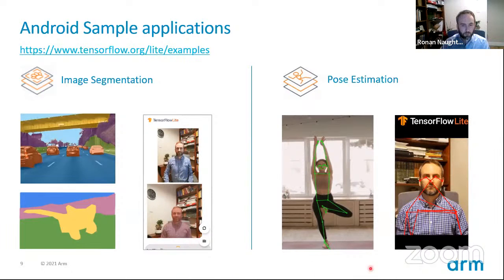And you see similarly in pose estimation, it's identifying some of my key joints here. You can only see the top half of my body. I'm not doing yoga in this example, but you can see my eyes and my ears, for example, and my nose. So that is an overview of the two things that we're going to show today. And thanks to TFLite for the sample applications as well.